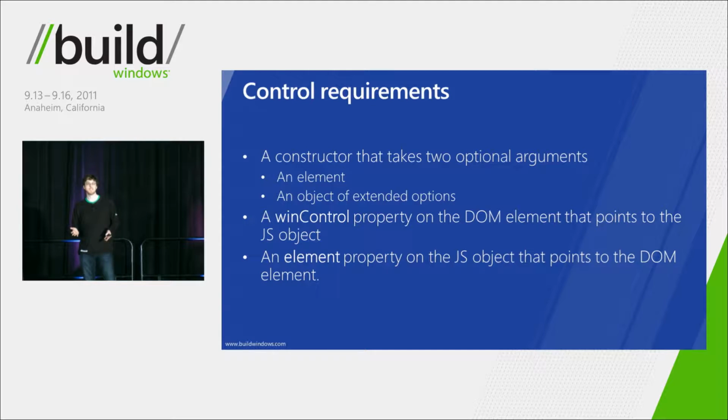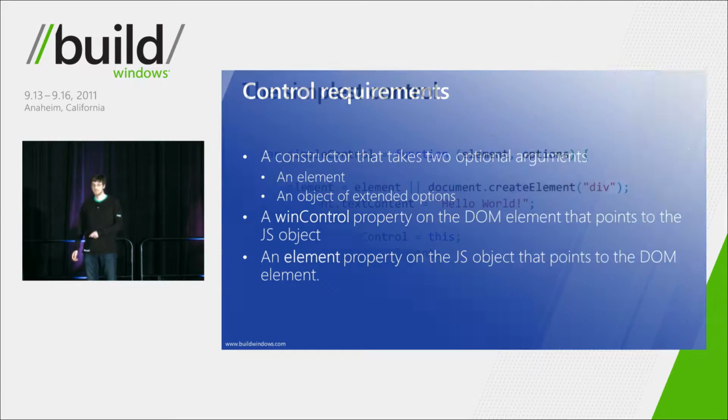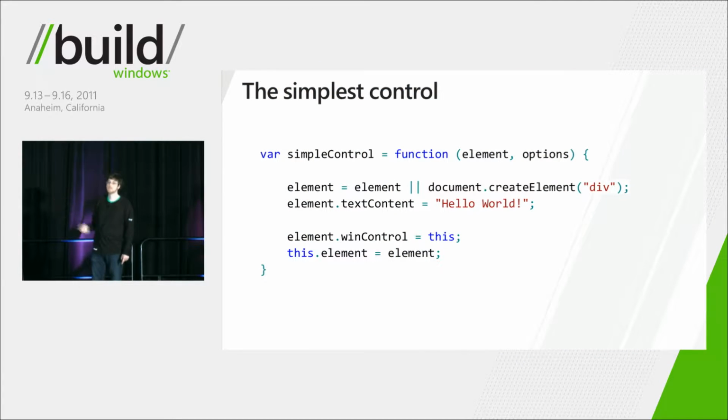And usually, you don't have to interact so much with the HTML element itself because you can style it all using CSS, of course. But you want to interact with the JavaScript object, which provides all the properties and methods you need to manipulate the business logic of that control. And so given that, this is the simplest control I can show you.